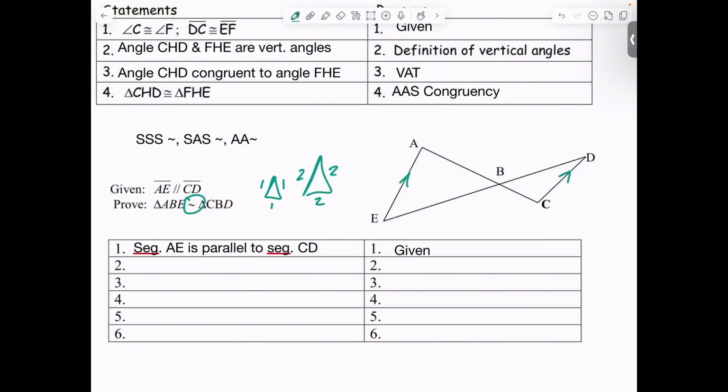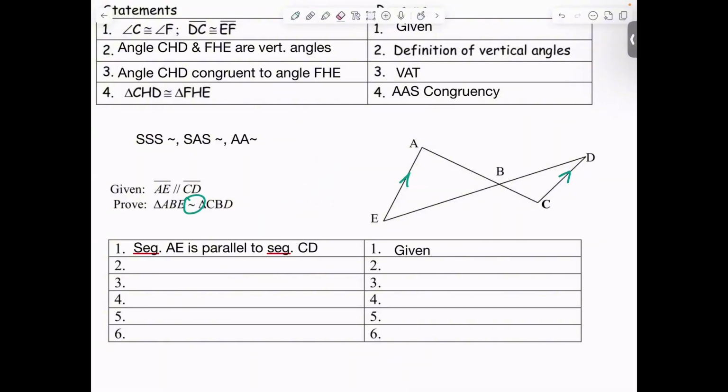Okay, so those are the 3 similarity theorems that we use, and from here we'll just have to dissect the figure and figure out which angles are congruent to each other, and can we probably use that double A theorem.